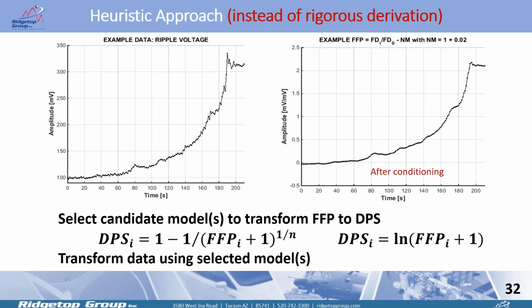I've also mitigated noise by doing some data conditioning and smoothing. I can look at that curve and say, well, it could be a power curve, or it might be an exponential curve because they look sort of familiar. If it's a power curve, that's the left-hand DPS. If it's an exponential curve, that's a solution for an exponential curve.